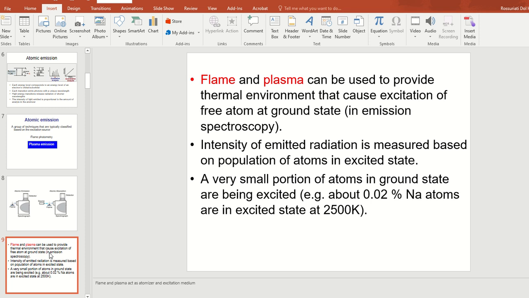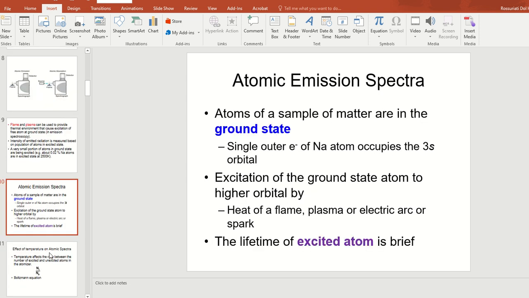So in AES and AAS, the signals on the y-axis depend on different situations: one depends on the population at the ground state, the other on the population of atoms at the excited state.